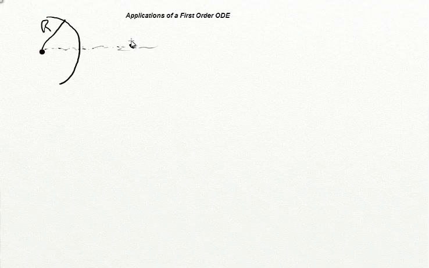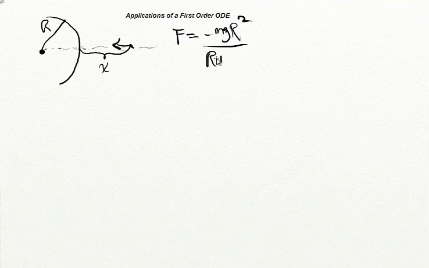And we're assuming no air resistance, so there will be exactly one force acting on it, namely the force of gravity. The distance from the surface of the Earth to the body is x. And we now apply Newton's law of gravitation, which tells us that F equals minus mg r squared divided by (r plus x) squared.